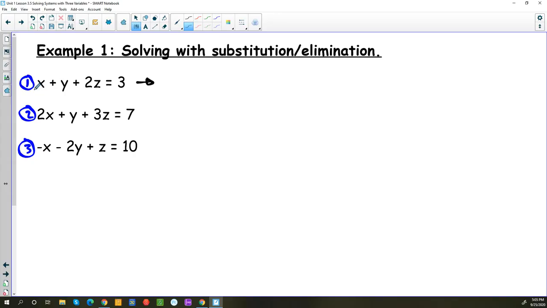I'm going to work with the first equation, number 1, and I'm going to isolate x. So I'm going to subtract y and subtract 2z over to the other side. When I do that, I'm going to get x equals 3 minus y minus 2z.